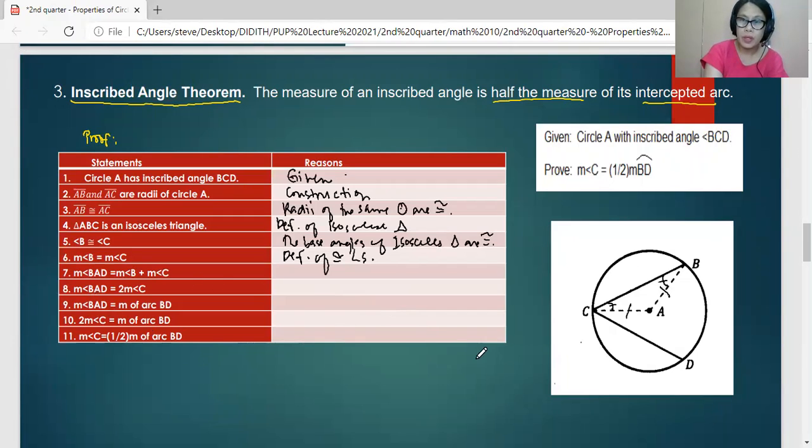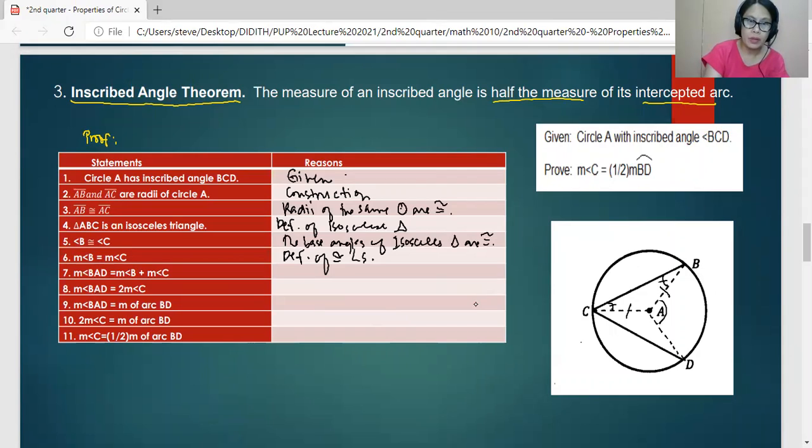The measure of angle BAD, so let's construct angle BAD here. The measure of angle BAD, which is this one, equals the measure of angle B plus the measure of angle C. What's the reason for this one?